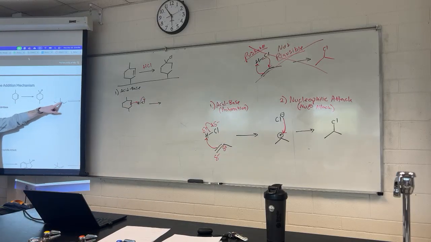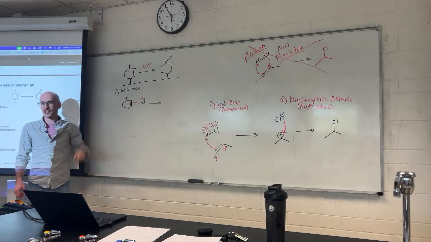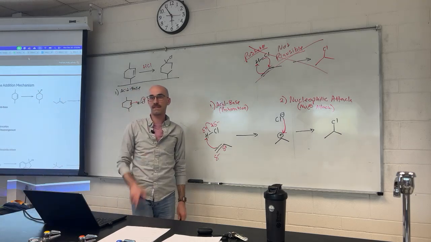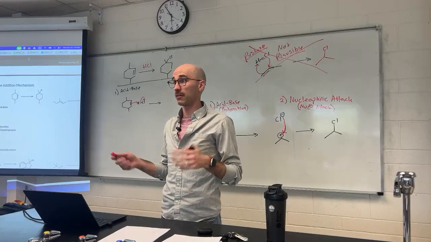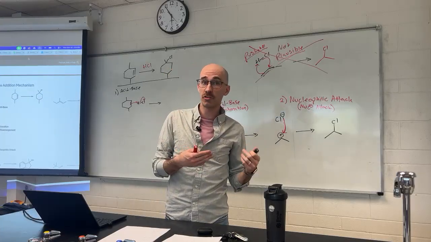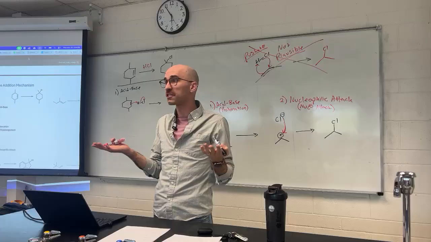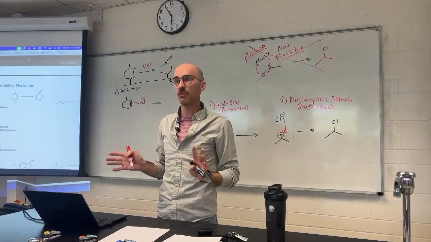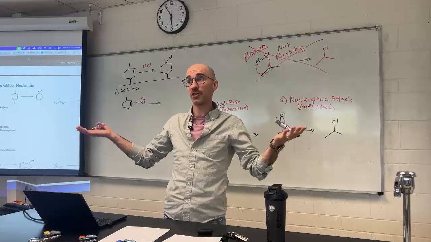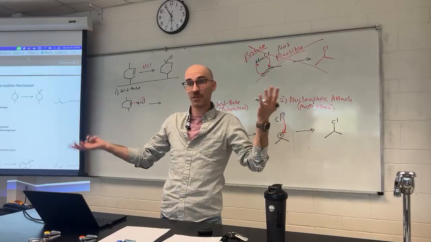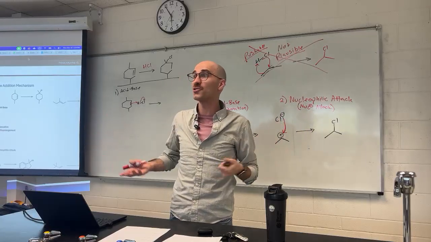What about here? Which one is more substituted? Neither. So which one is able to form the carbocation? Either. This molecule is symmetric though, so regardless of which way it goes, you get the same product no matter what. But sometimes you get a mixture of structures because it doesn't matter which carbon acts, and so both carbons do act.